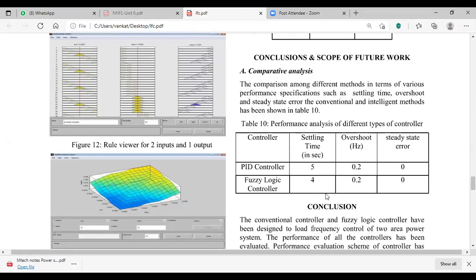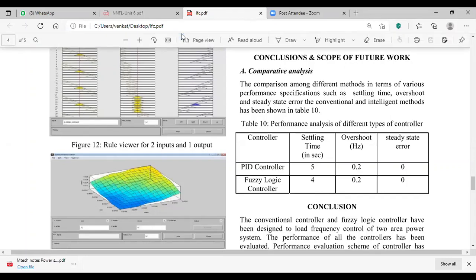So here you can observe that the lesser the settling time, the better your system's transient performance. That is, it will give you accurate controlled output. So your fuzzy logic controller is giving you the best response when compared to your conventional controller.